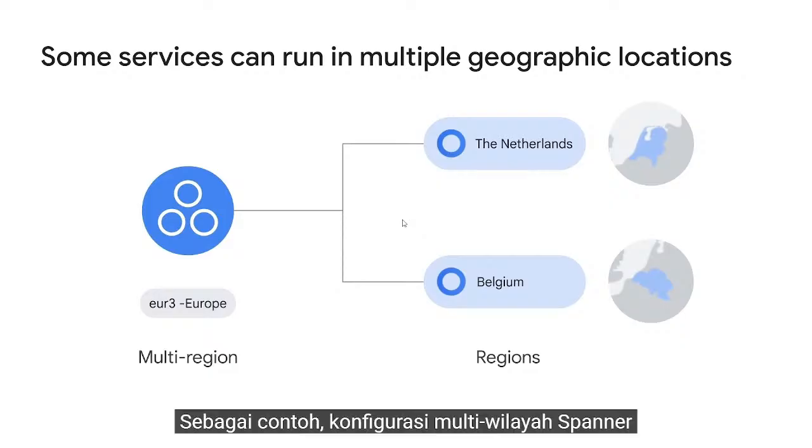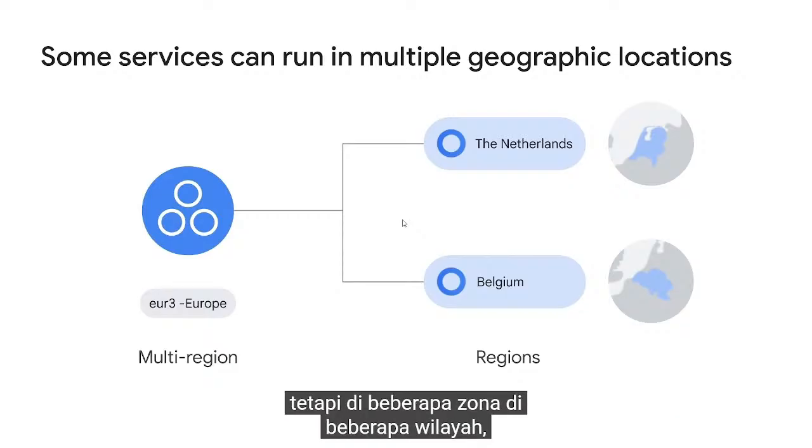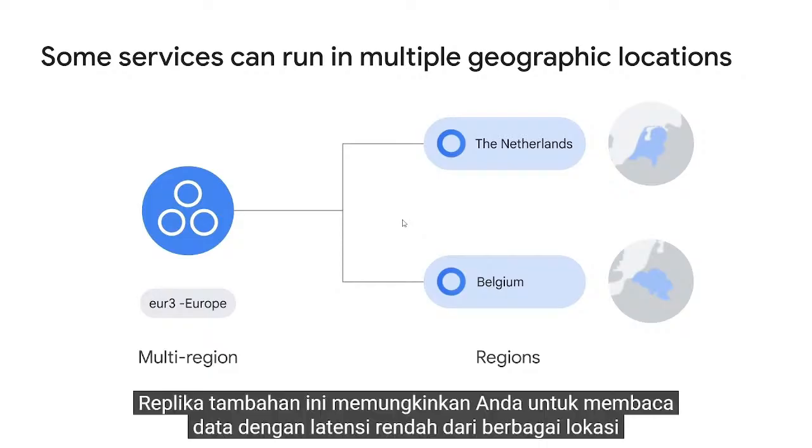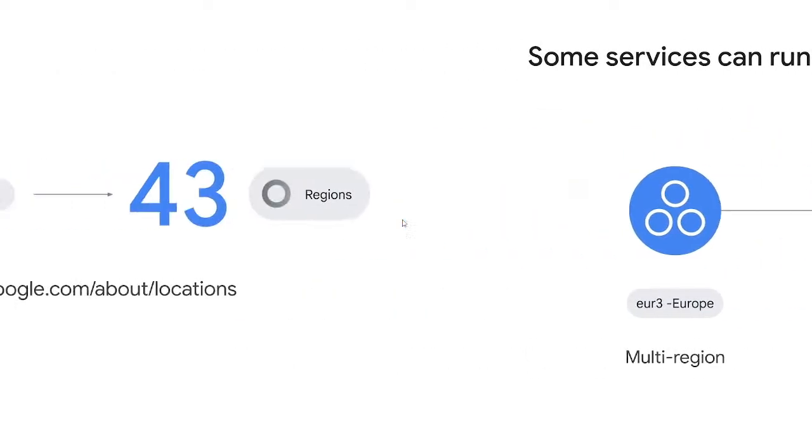For example, Spanner multi-region configurations allow you to replicate the database's data not just in multiple zones, but in multiple zones across multiple regions, as defined by the instance configuration. These additional replicas enable you to read data with low latency from multiple locations close to or within the regions in the configuration, like the Netherlands and Belgium.